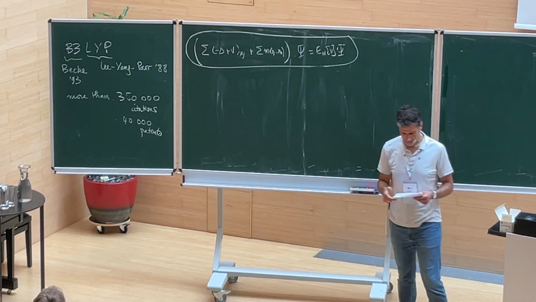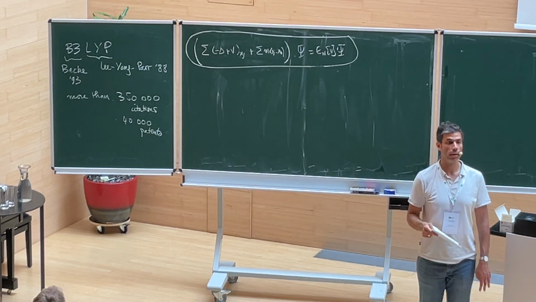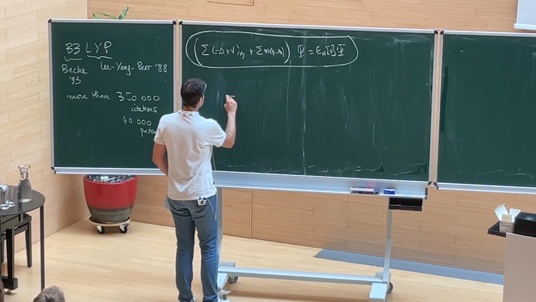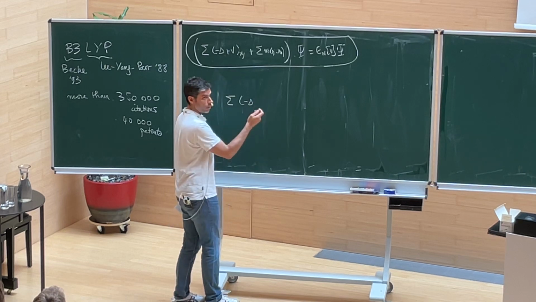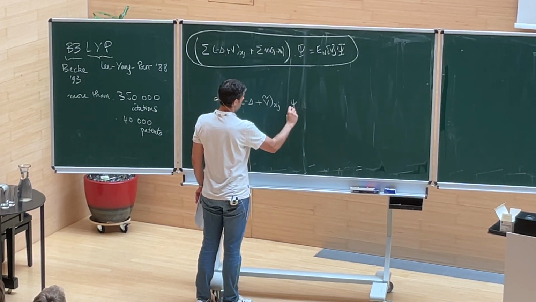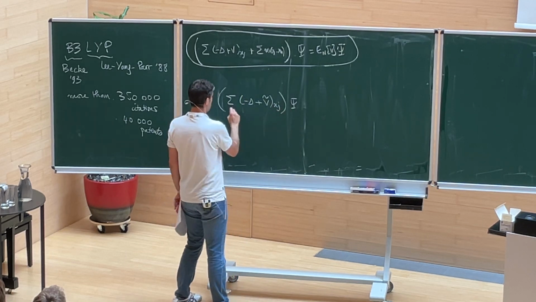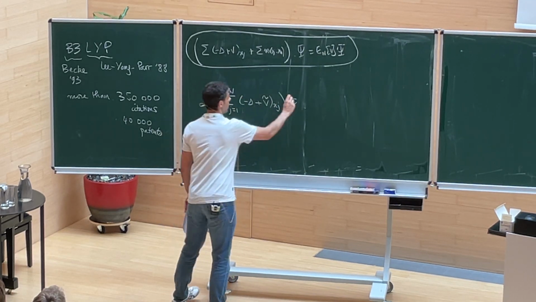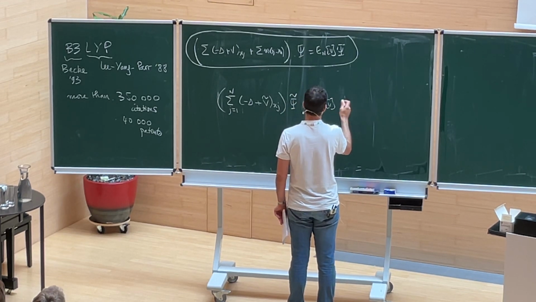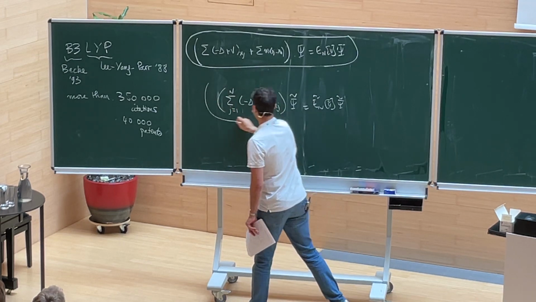So the idea is that we're going to replace it by a non-interacting problem. We won't solve this. We will instead solve minus Laplace plus V tilde, acting on psi tilde, equal to E tilde psi tilde. That's a non-interacting problem.